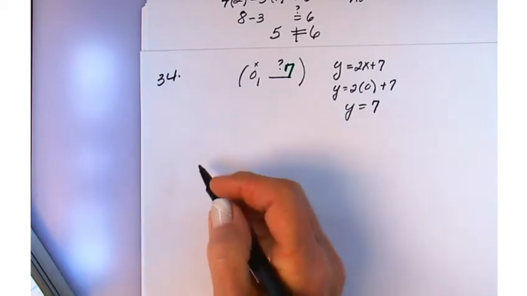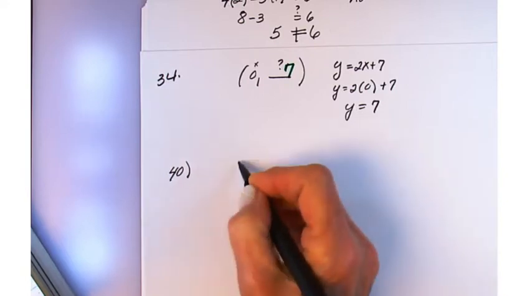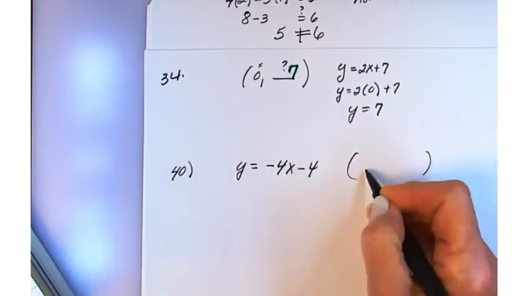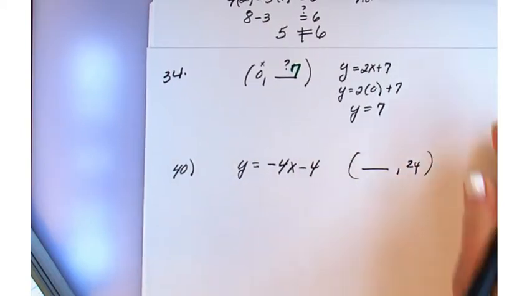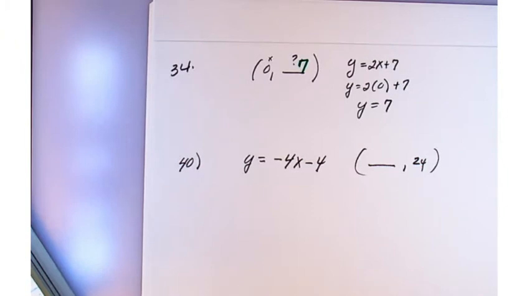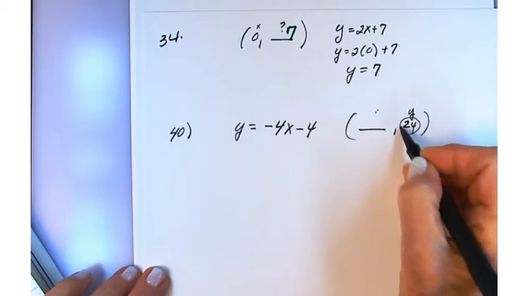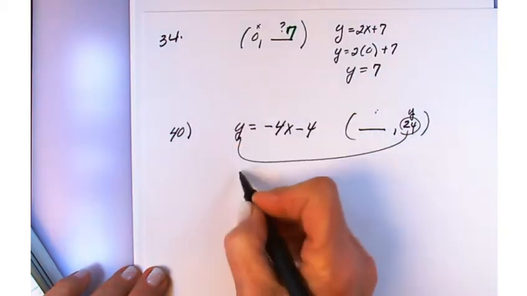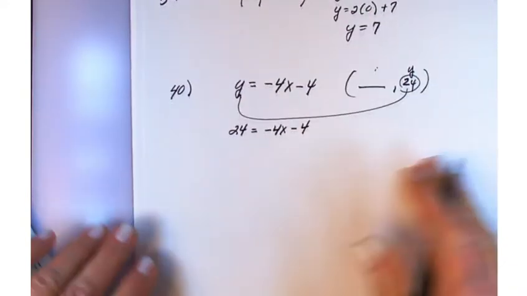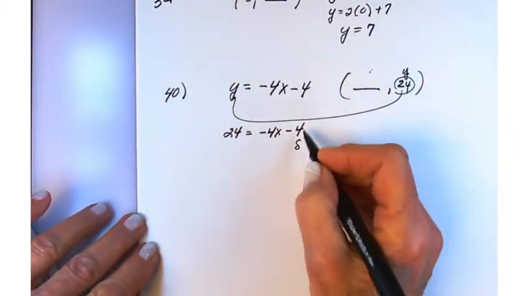Number 40. Our line that we're working with is y equals minus 4x minus 4. And I have a blank comma 24 here. So in this case, I need to find the x value. This is my y. So I'm going to substitute 24 in for that y. I have 24 equals minus 4x minus 4. I'm going to add 4 to each side.